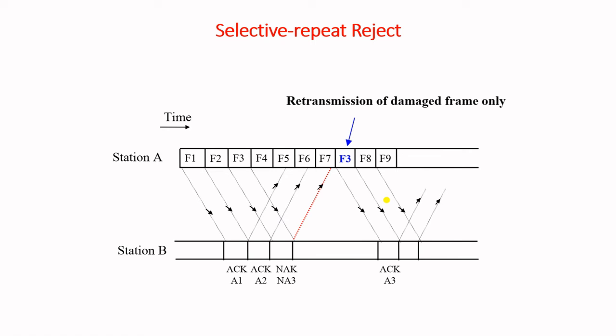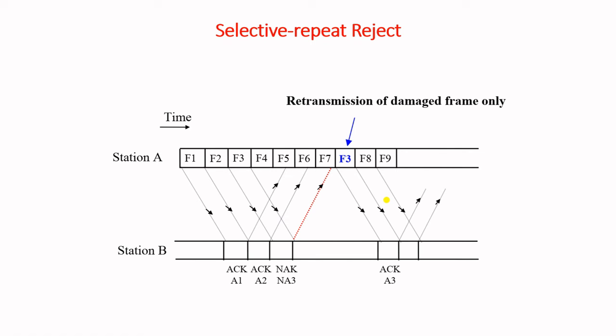After transmitting these frames, station B receives frame 1, and for this frame station B sends the positive acknowledgement for frame 1, shown here in the form of A1, A2.